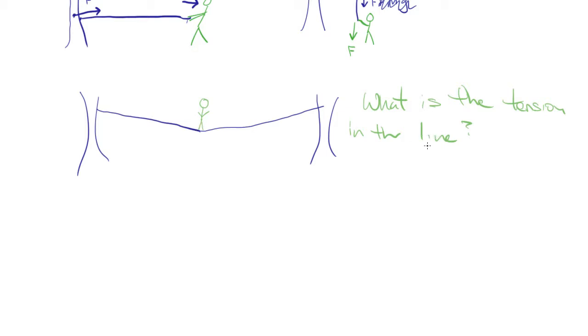I'm going to give you the mass of the person is equal to, let's go with 80 kilograms. And we're going to say that the person is standing right in the middle, which means that these two angles are the same. And those angles, theta, will make them 10 degrees.